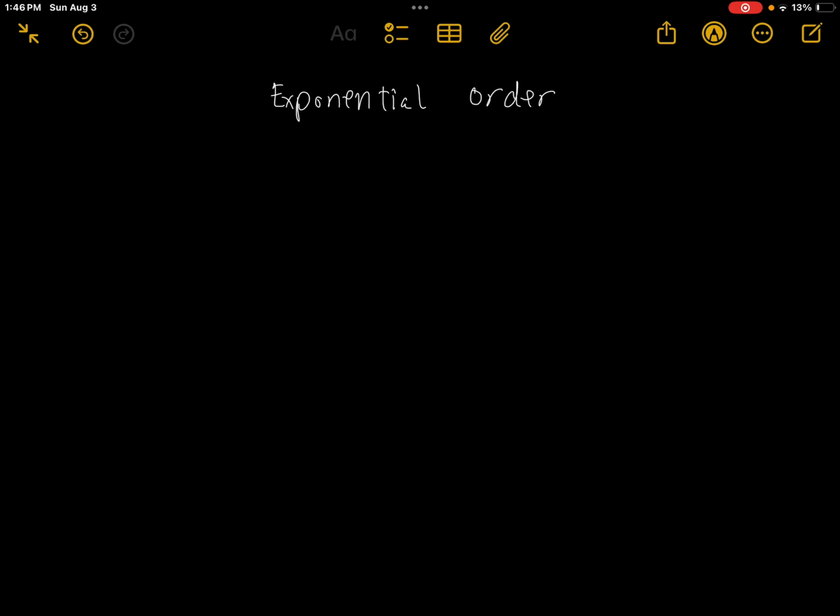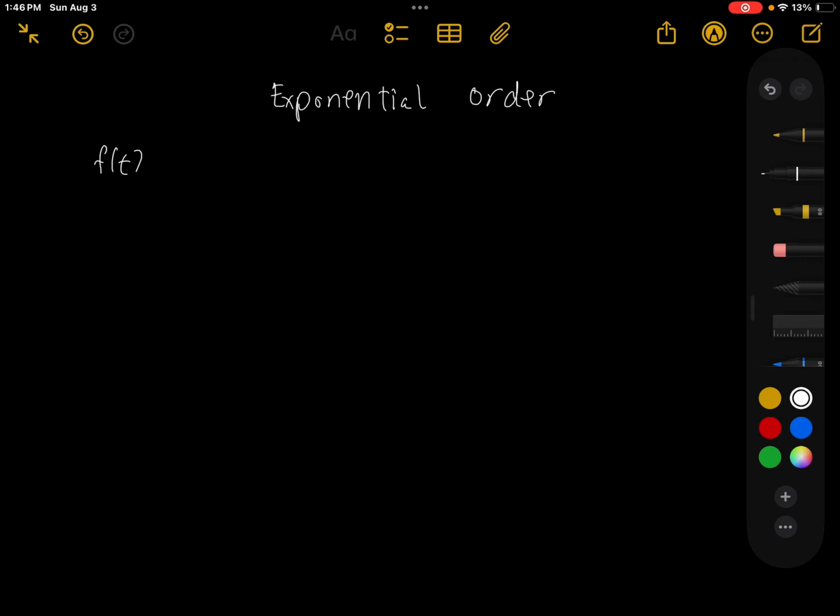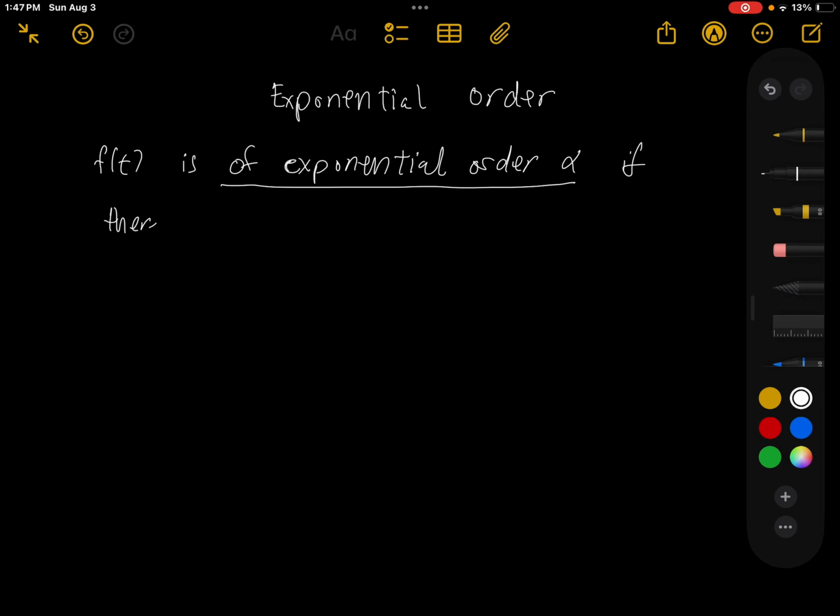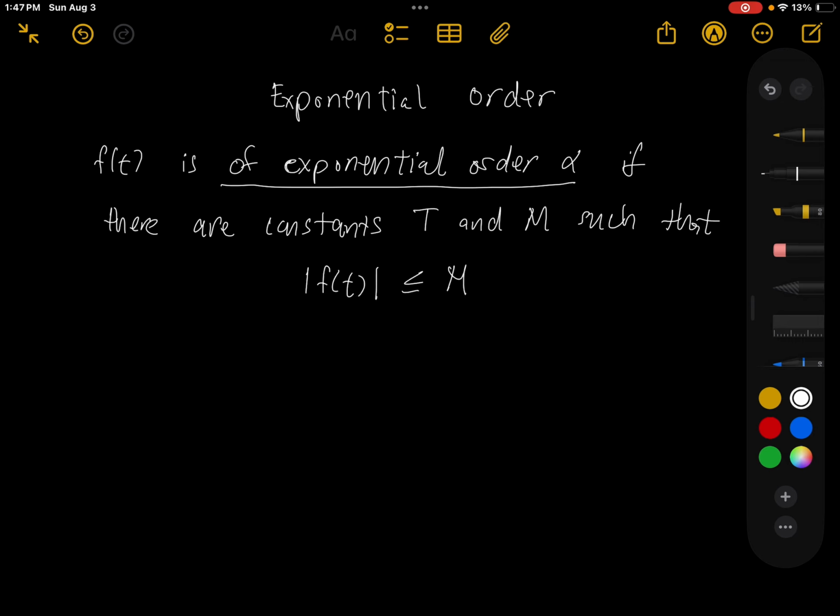So the definition is: a function f of t is of exponential order alpha, where alpha is some number, if there are constants T and M such that the absolute value of f of t is less than or equal to M e to the alpha t for all t greater than or equal to capital T. Okay.